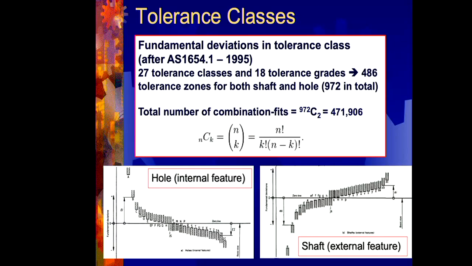So, and this is a payoff for the mathematically inclined. With what I've talked about thus far, with these IT values and these classes of size, we, the engineer, can provide ourselves with up to about 470,000 different tolerances, more than we'd ever need.